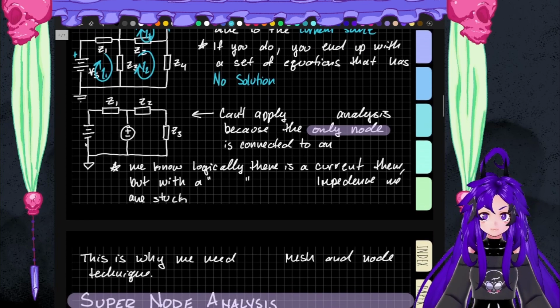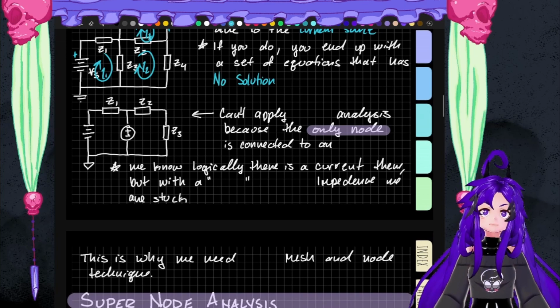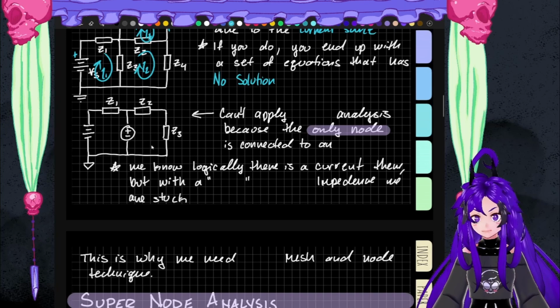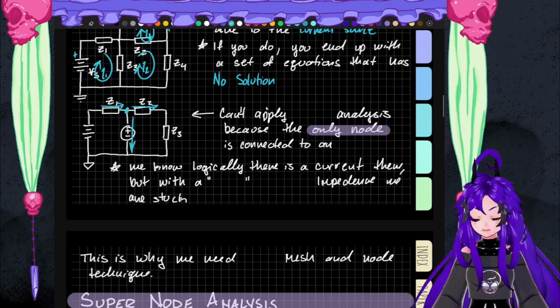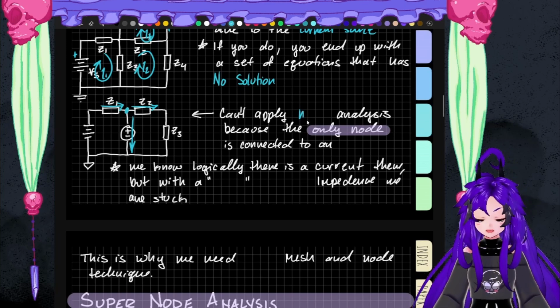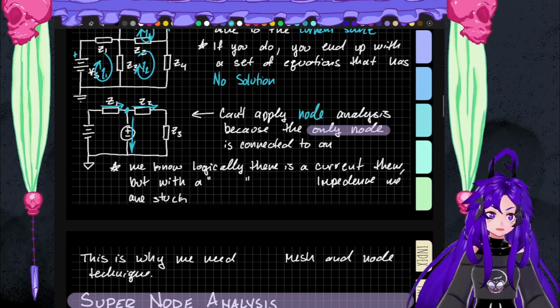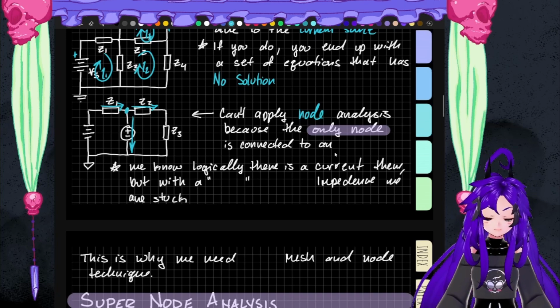Let's look at this circuit now. We've got a battery, but we've also got a voltage source, and that voltage source is on a branch of its own. This one we cannot apply node analysis to, and that has to do with our assumptions. We can't apply node analysis because the only node is connected to an ideal source.